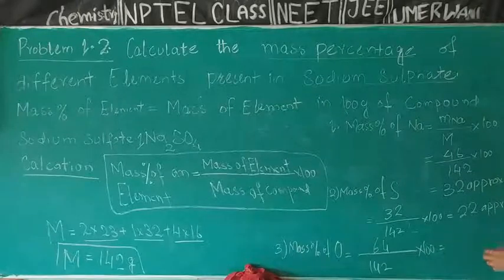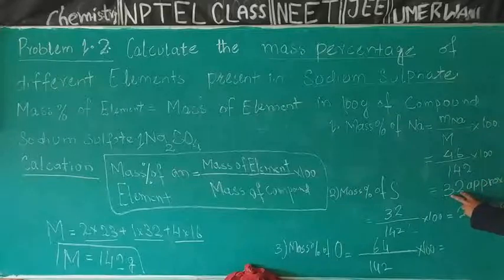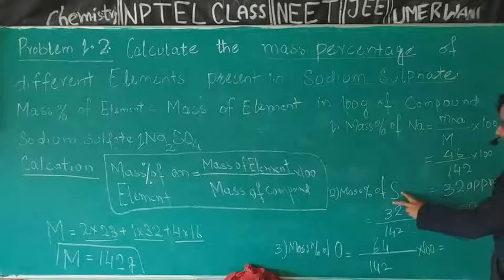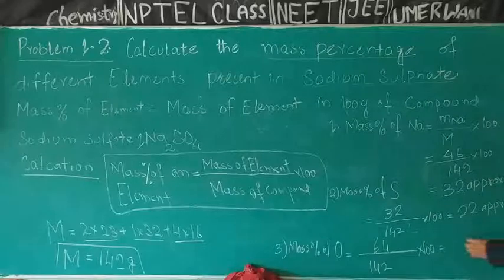There is one more way by which you can calculate the mass percentage of oxygen: suppose the total mass of compound is 100, and you got that out of 100, 32 parts in terms of mass are contributed by sodium, 22 parts by sulfur, and 100 minus 32 and 22 will be the contribution of oxygen, which is 46% approximately.